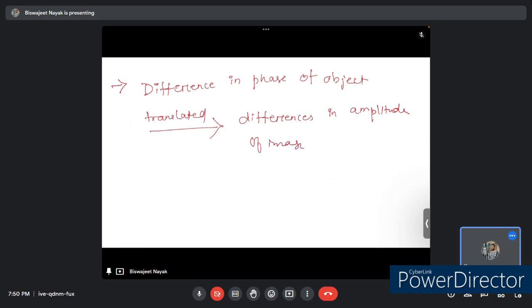To understand this phase contrast, we need to know what these amplitude objects and phase objects are.